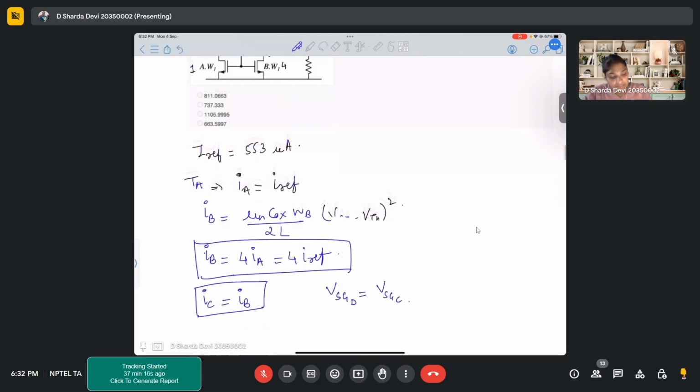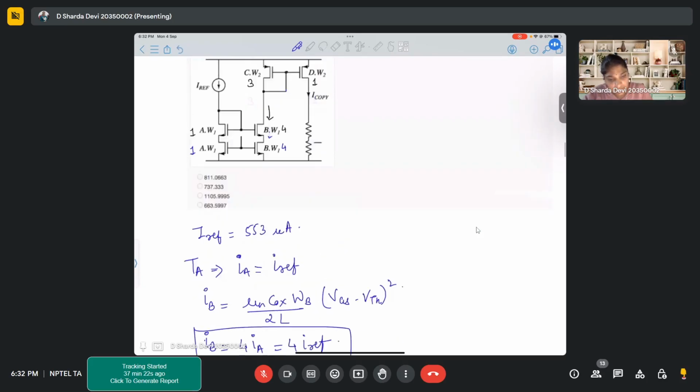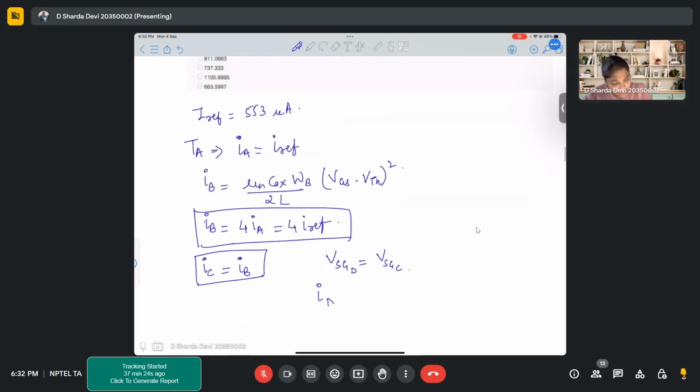So the current flowing through transistor D is mu P Cox WD by 2L (VSGD minus VT) whole square.